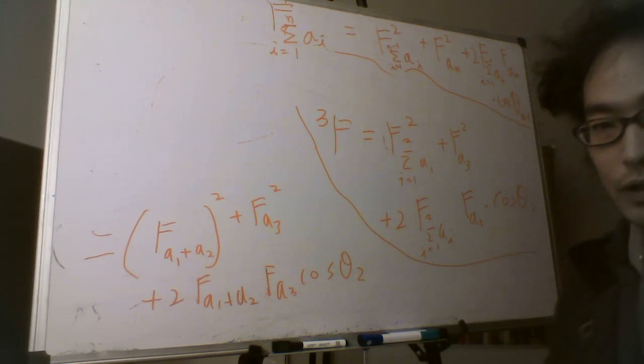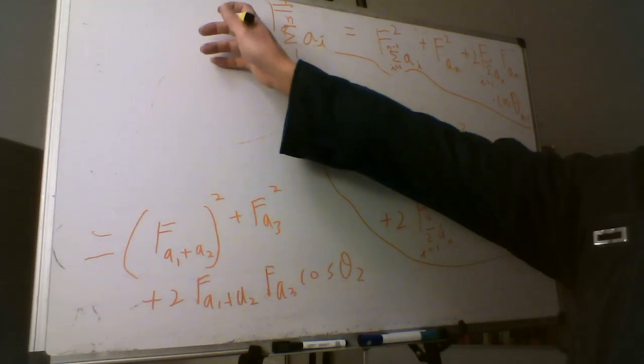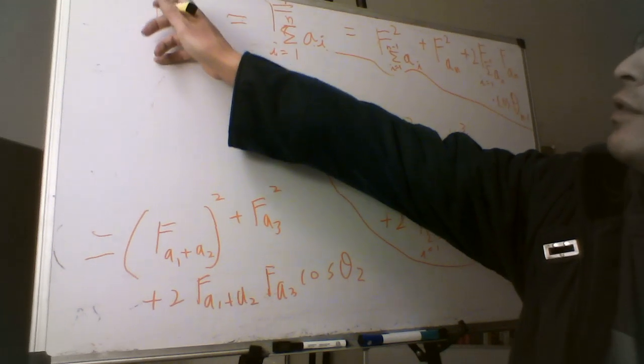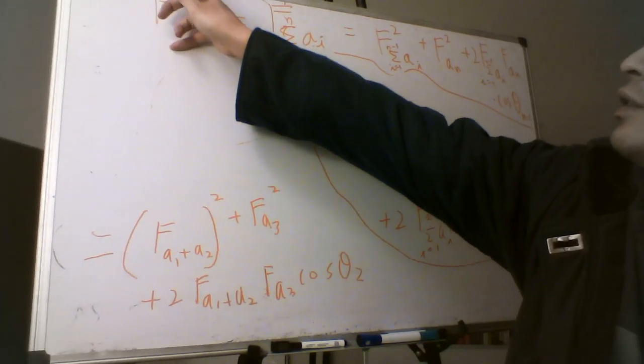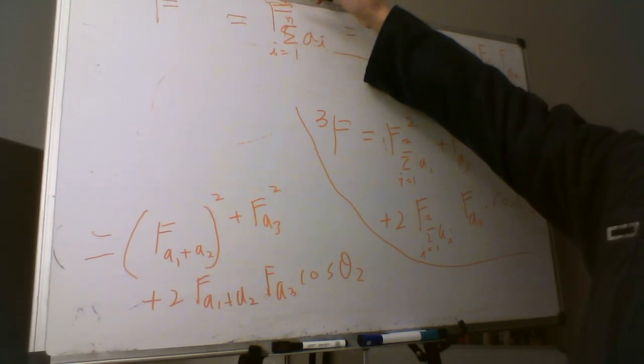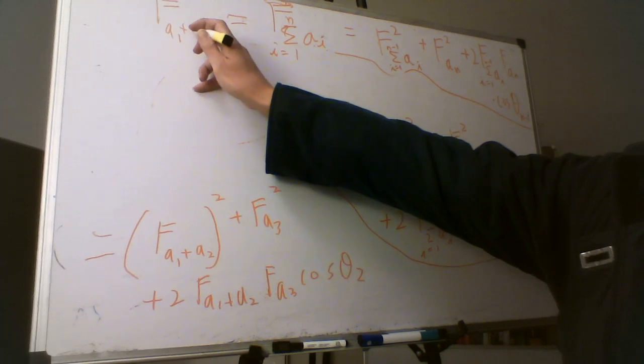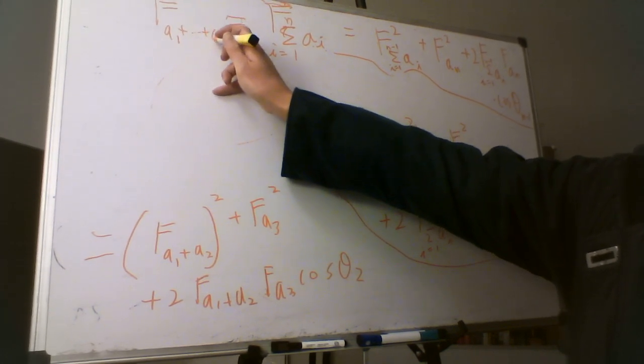I told you it's a minor tweak. We're almost there. Which is equal to f of a1 plus blah blah blah plus an.